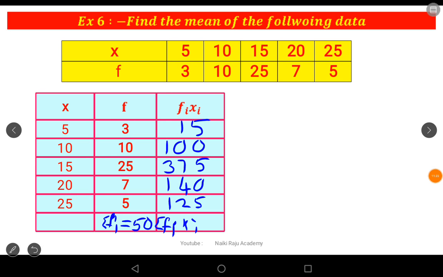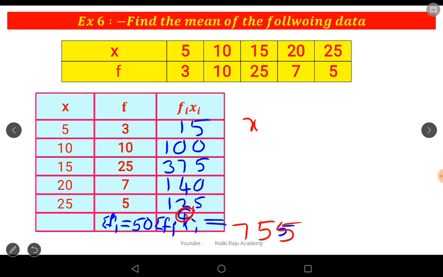Next, sigma fi xi. So sum: 15, one is the carry, 3, 7, 14, 15. Next, 2, 3, 6, 7, so 755. Okay, 755 is the sum sigma fi xi.